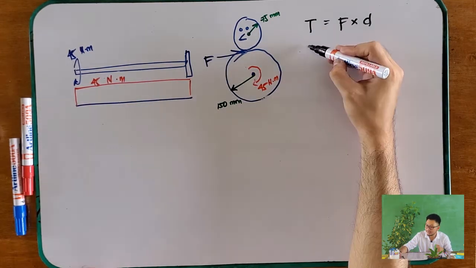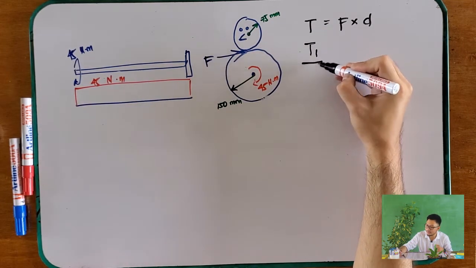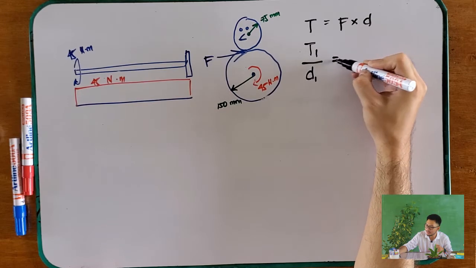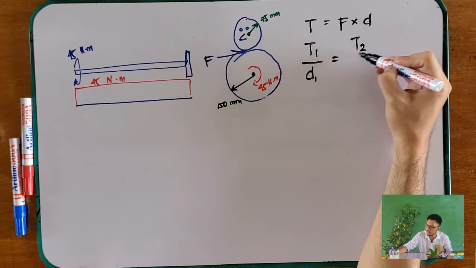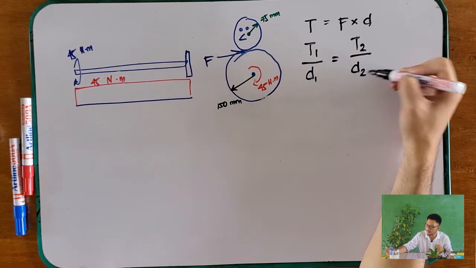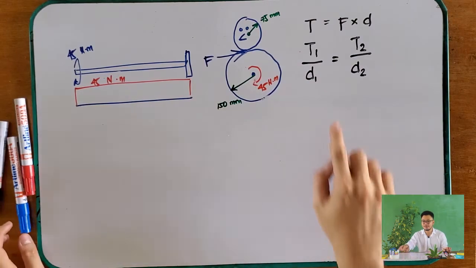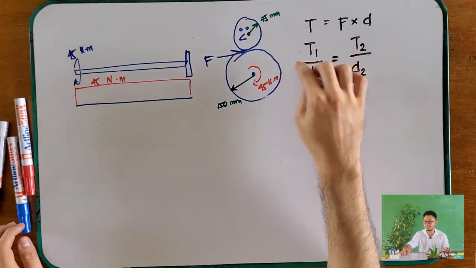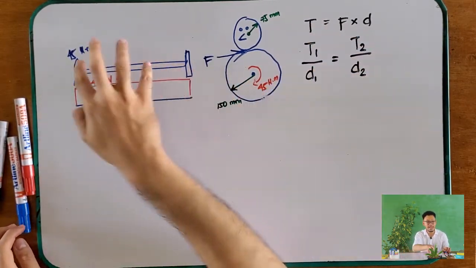So therefore, T1 over D1 is equal to T2 over D2. So this relationship we can use to get your torque at segment DC. Okay? So, anong gagawin natin?